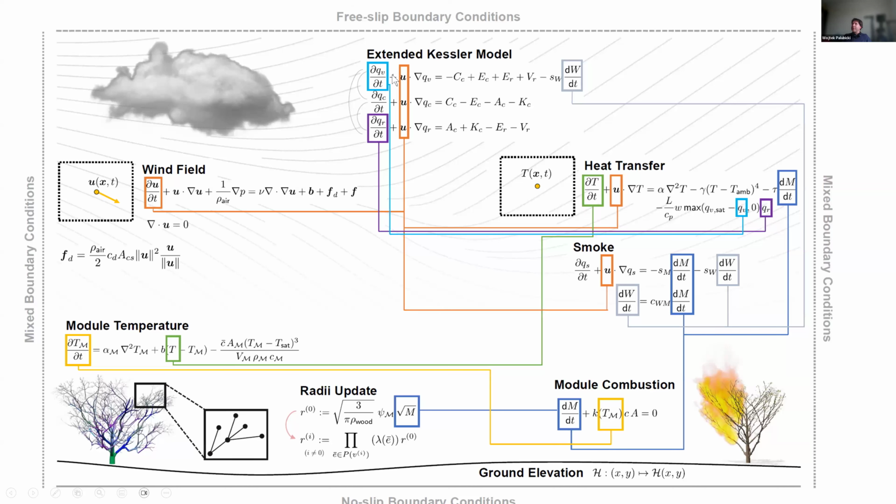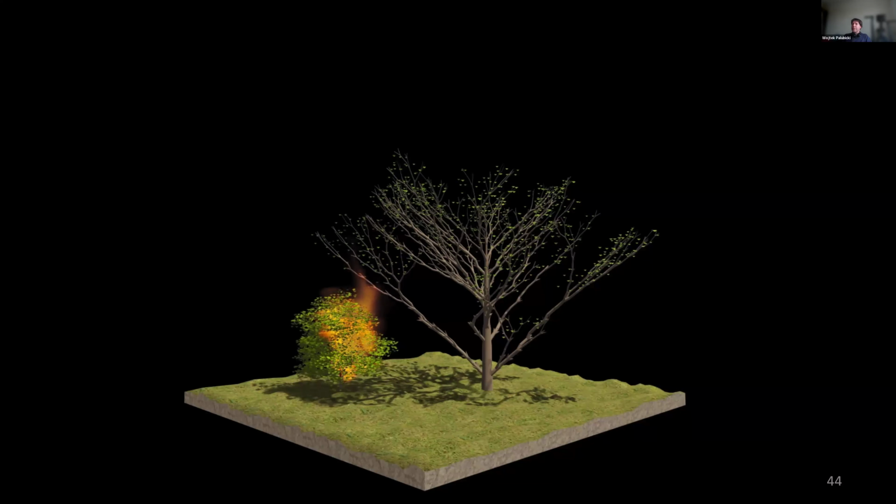Here we are tracking the water in vapor form, in condensed form, and in rain form, and have different conversion functions. And we then take this into account when we compute our heat transfer. So we can have a cooling effect, for example, from rain, things which were not present in the simulation of a single tree. All right, but let's not go into too much detail.